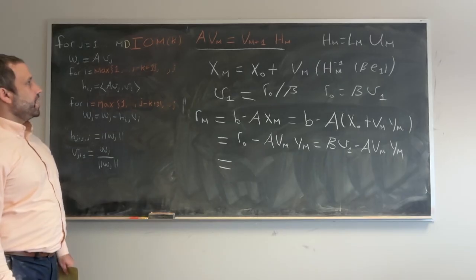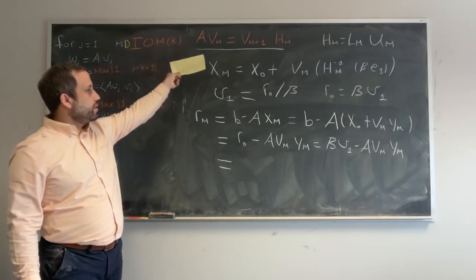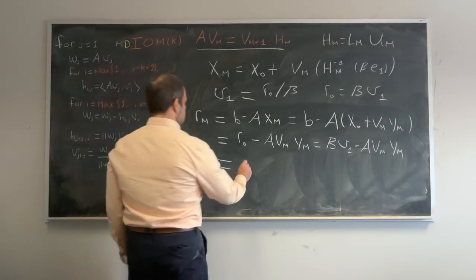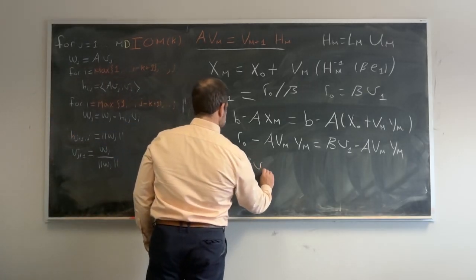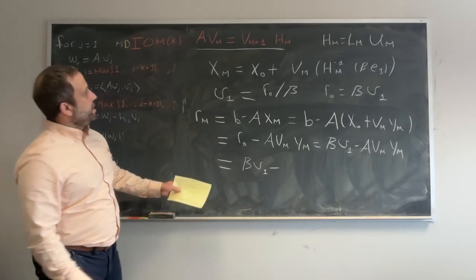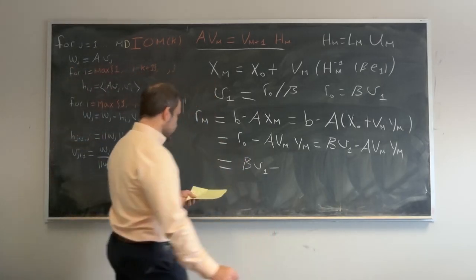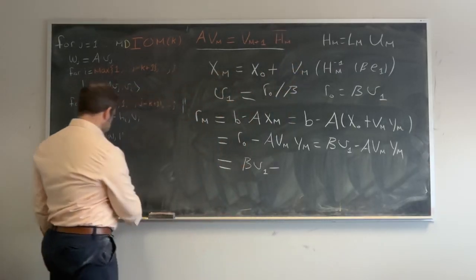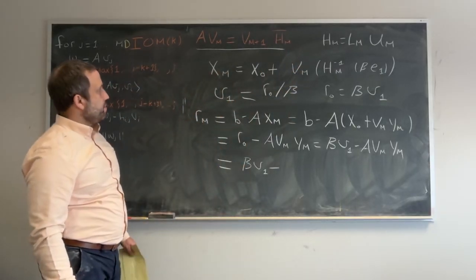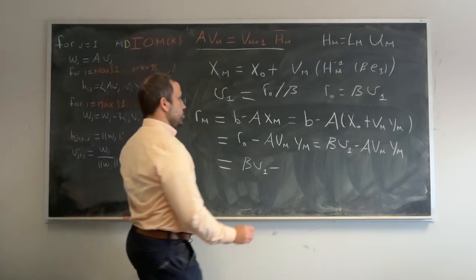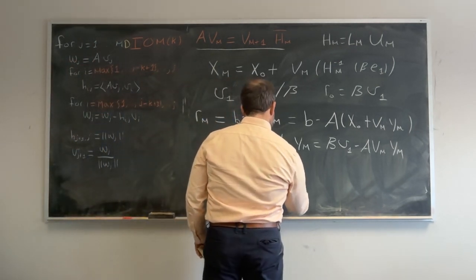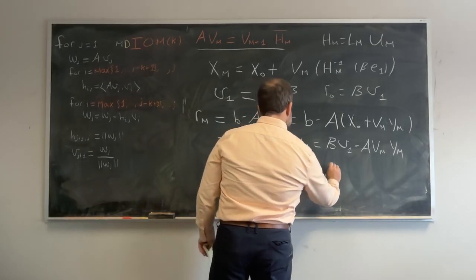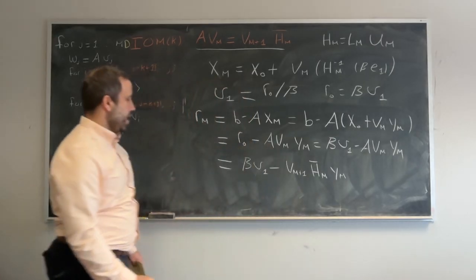Now what can we do here? Well, this identity is still true. This identity is true just by the way that we're constructing things here. So A V_m is equal to V_{m+1} H_m bar. I forgot the bar there. So this is going to be V_{m+1} H_m bar y_m, like this.